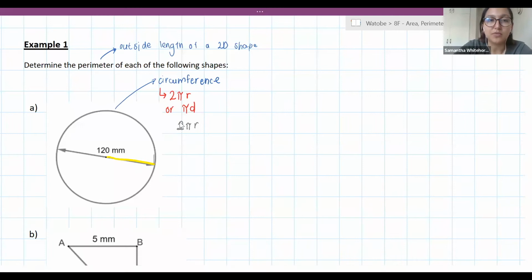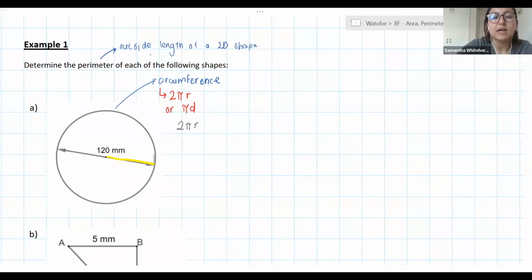It is only half of that. Here, my radius would be half of my diameter, which is 60 millimeters. If you are given the diameter, this is something you need to calculate beforehand. So the radius, or you can just say r, is 60 millimeters. This is always half of the diameter.